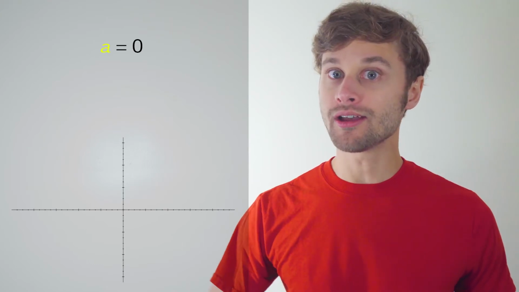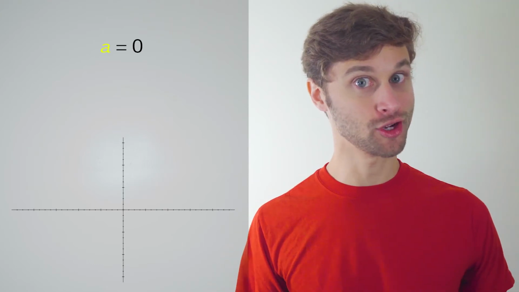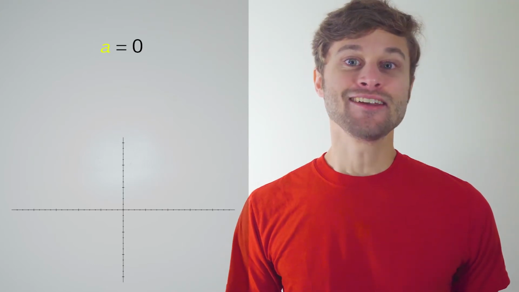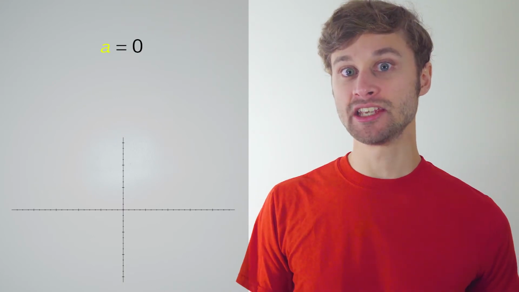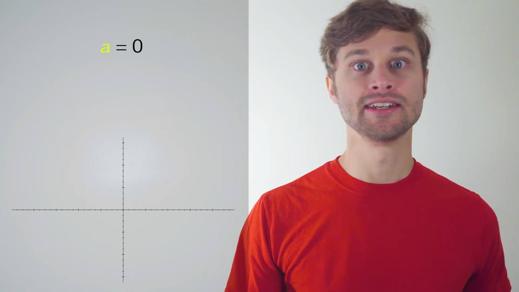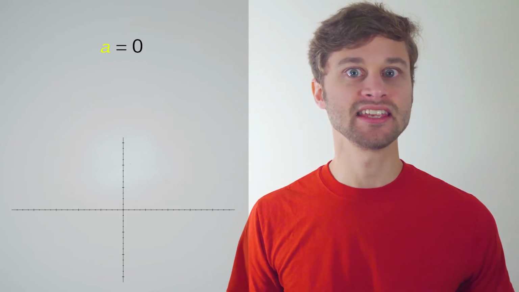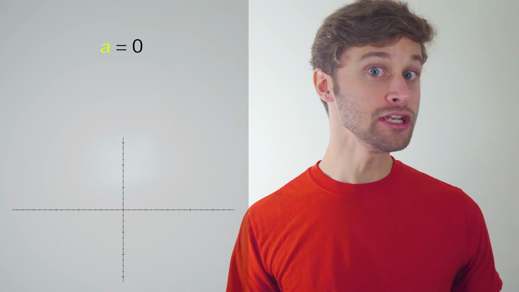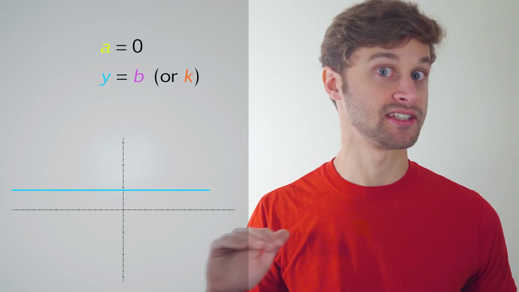Now, what about if a is equal to 0? Like all polynomials, of which linear functions are a part, if the leading coefficient is 0, then it degrades the degree of the function down by 1. What I mean by this is that we no longer have a linear function, we now have a constant function.